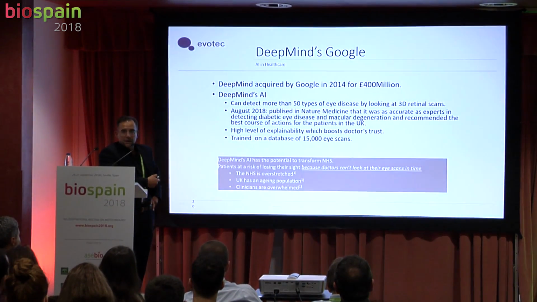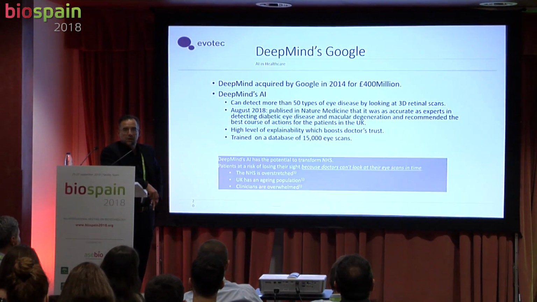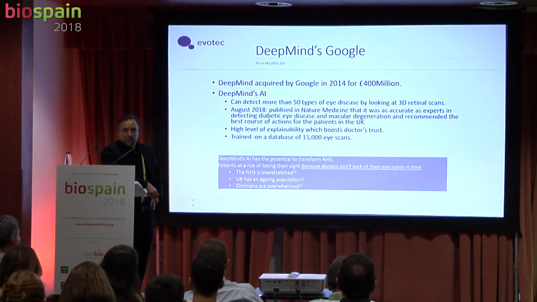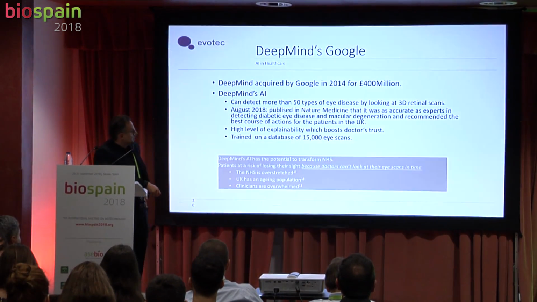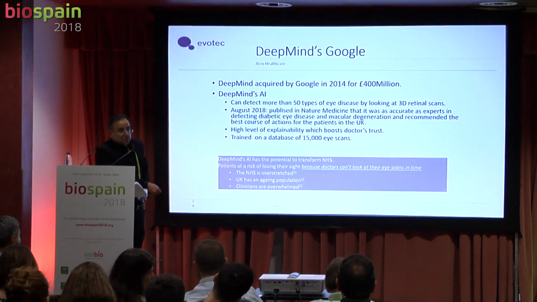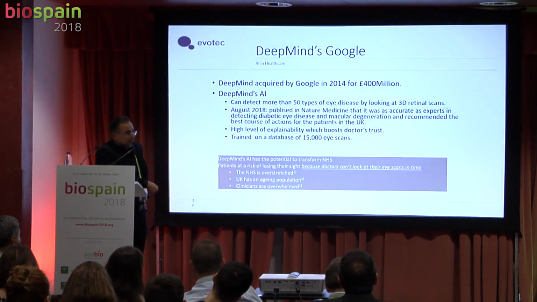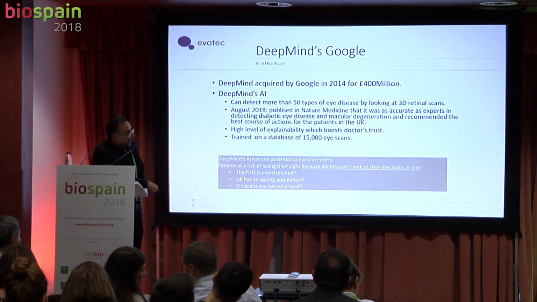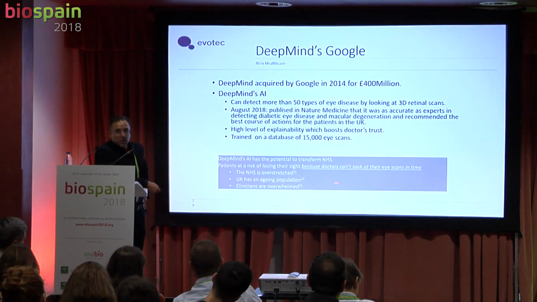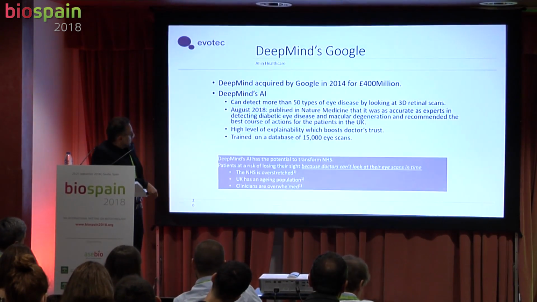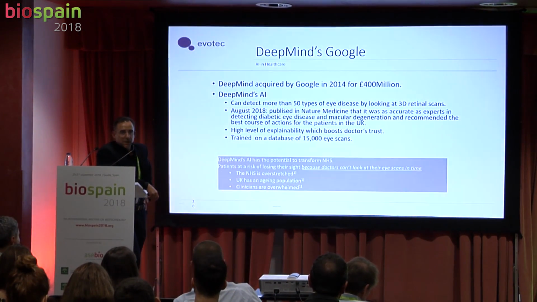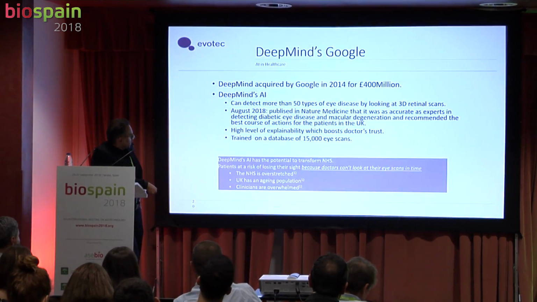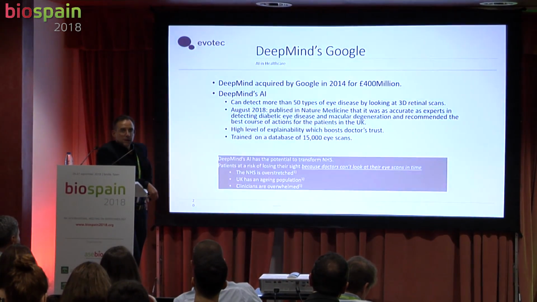And this is where artificial intelligence can improve the quality of our treatment and the responsiveness of the doctors. So they even speak about changing the way the NHS is working because they recognize that they are overstretched. On top of that, the UK has an aging population, and the clinicians are overwhelmed. So artificial intelligence is here to help.